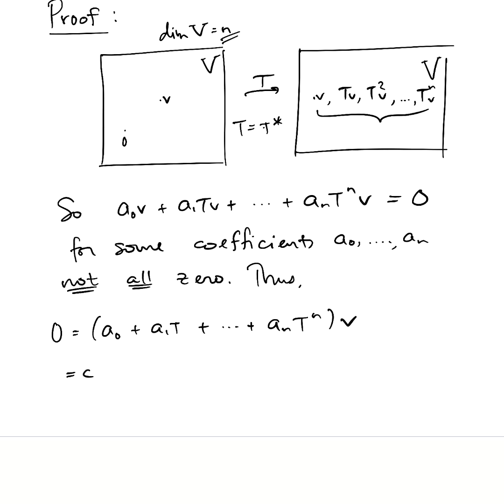There's some constant c out in front, and then you get some irreducible quadratic pieces.